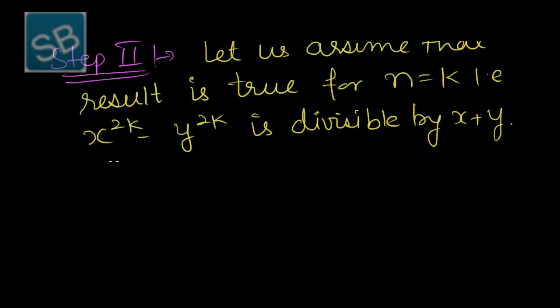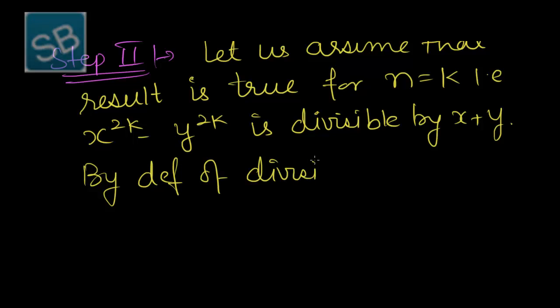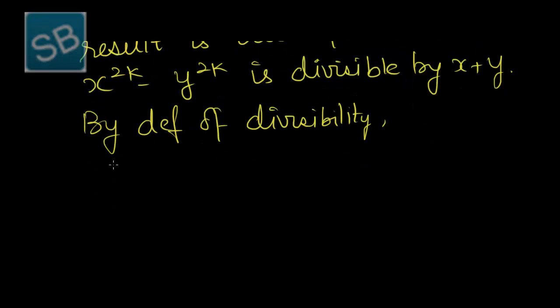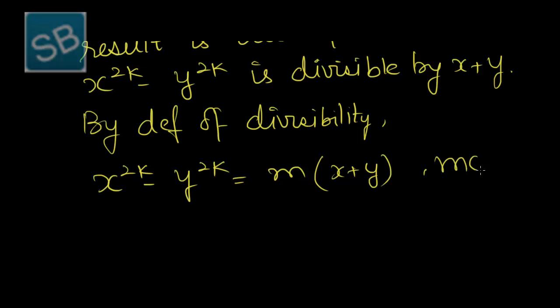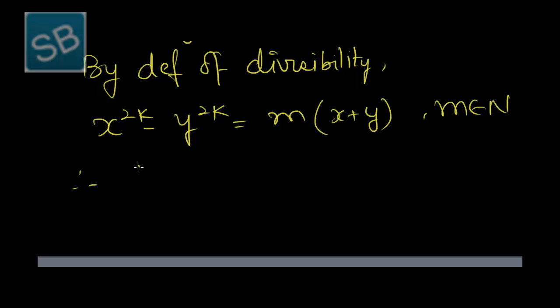That is, by definition of divisibility, x raised to power 2k minus y raised to power 2k is a multiple of x plus y, that is m times x plus y, where m is a natural number. So, P of k is true by our assumption.